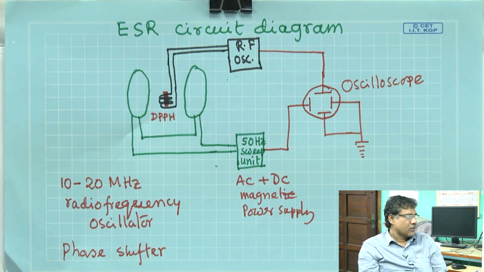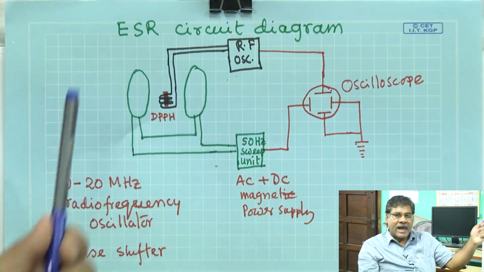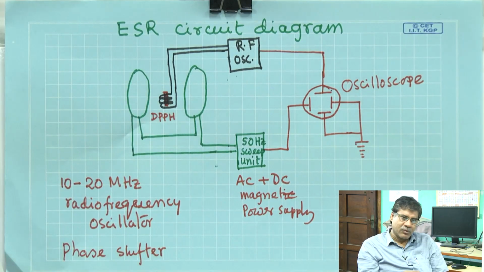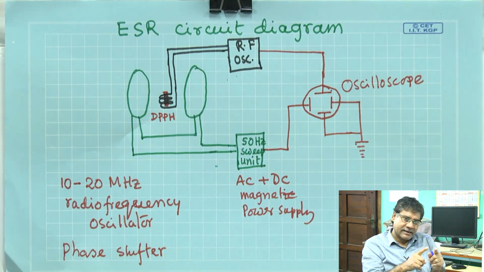Okay. So, we have to vary one of them to get the resonance, means h nu has to be equal to the energy splitting of the energy levels.